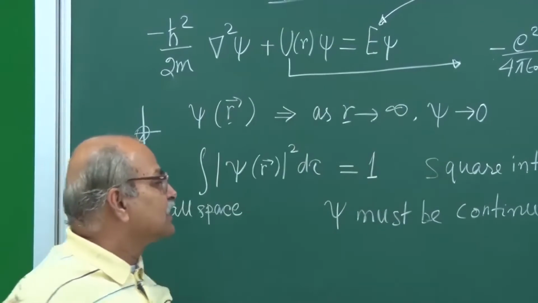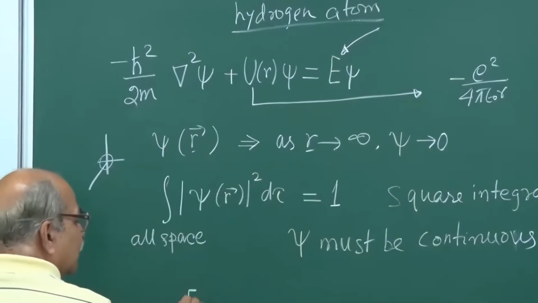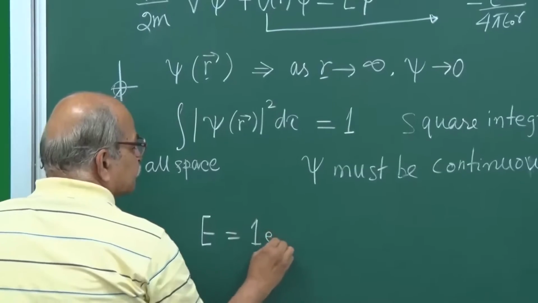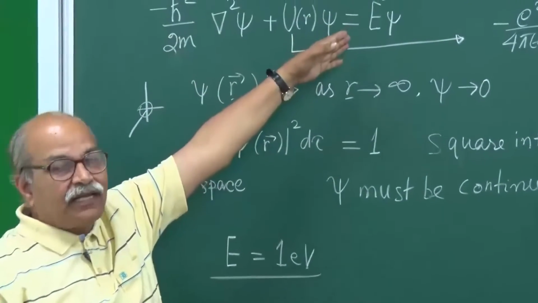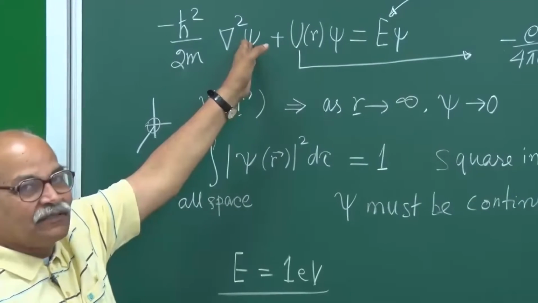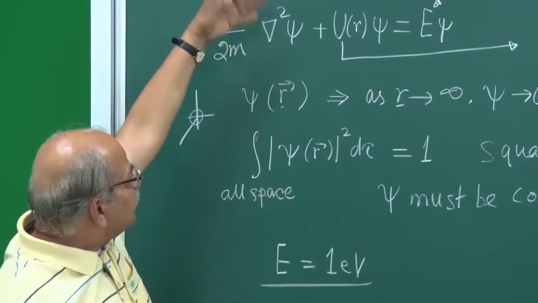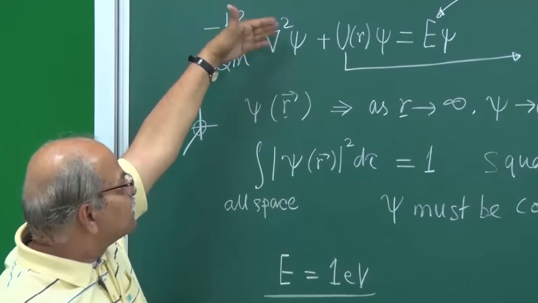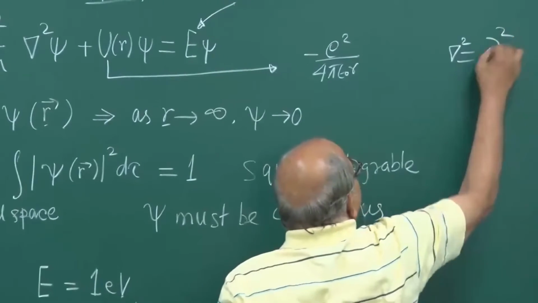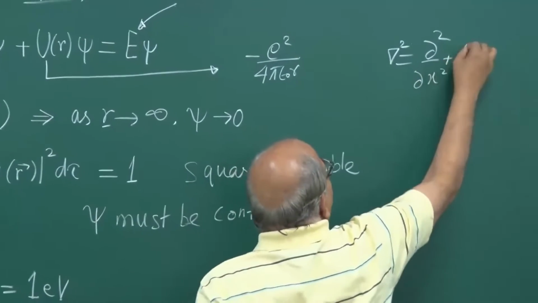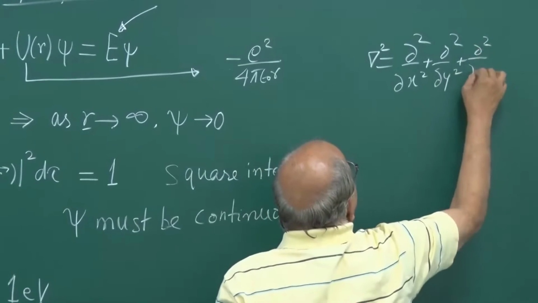Suppose this is the equation, and for this capital E, suppose I write 1 electron volt. The equation is still there, and I ask, tell me what is psi? What functional form of psi should I put here, so that when I do all that second differentiation with respect to x, y, z, etc.? Remember that del square is del 2 by del x square plus del 2 by del y square plus del 2 by del z square.